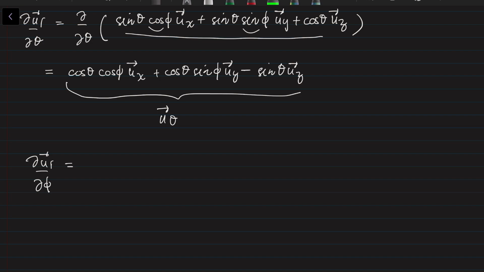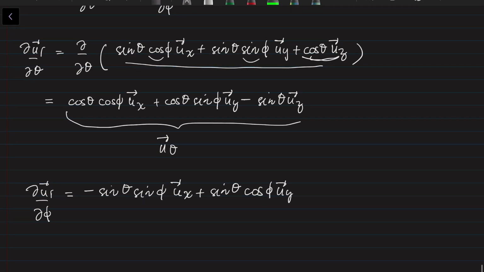So what's that going to be? That's going to be minus sine theta sine phi ux plus sine theta cosine phi uy, and then there's no phi in this term, so this becomes 0.